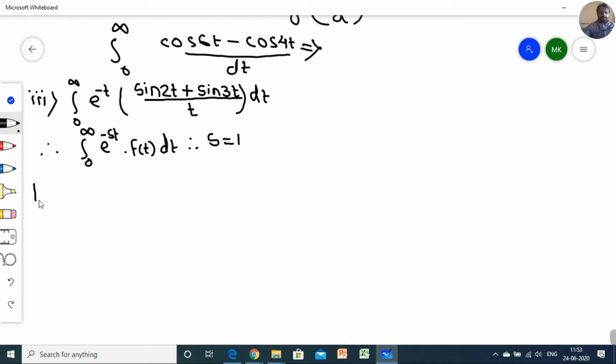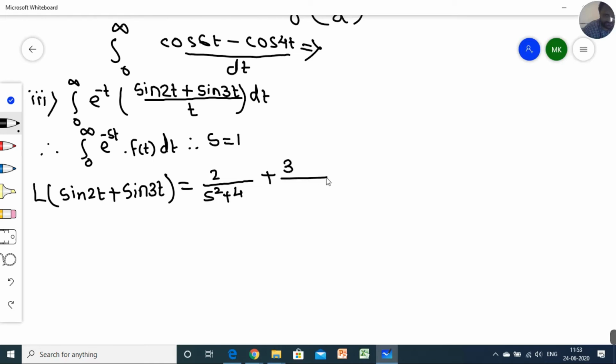Now Laplace of sine of 2t plus sine of 3t is equal to, now Laplace of sine 2t is 2 by s square plus 4, plus 3 upon s square plus 3 square, that is 9.